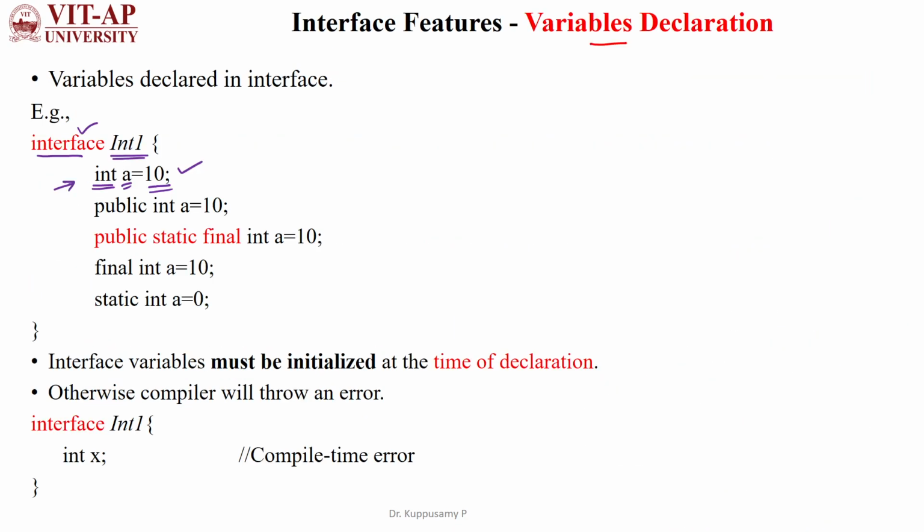It should be initialized at declaration time itself. Like that, we can declare that variable as public, with the data type, the variable name, and the value initialized at the time of declaration.